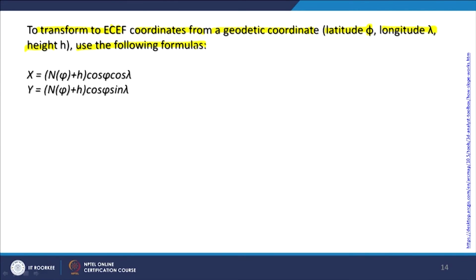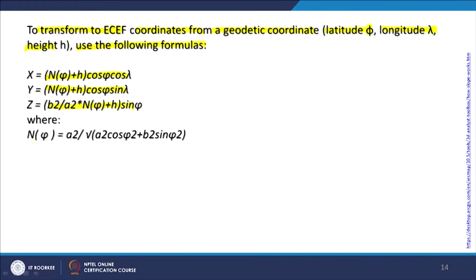The formula for x is like this, for y is like this, and of course for z is like this. As you know, there are further details for latitude, longitude and heights.